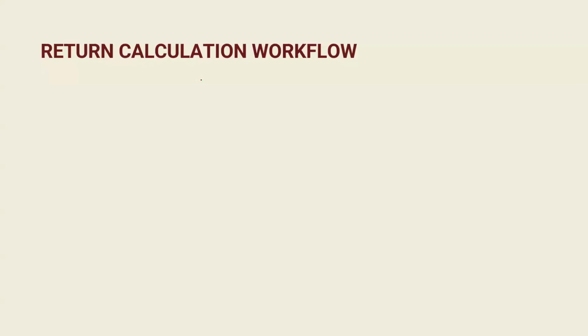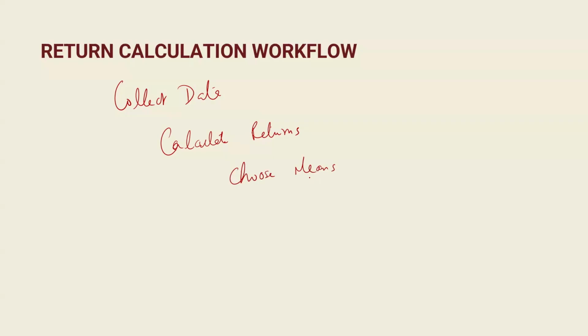So what is the sequence? The workflow is basically first you collect data. Okay, you calculate the returns, the holding period return or whatever return measure is important. Okay, then you choose the right type of means which are required. You want arithmetic mean, you want geometric mean, you want harmonic mean. What do you want? Okay, so that is the third part. You choose the means. Then you adjust the cash flows, and different kinds of adjustments can be there.